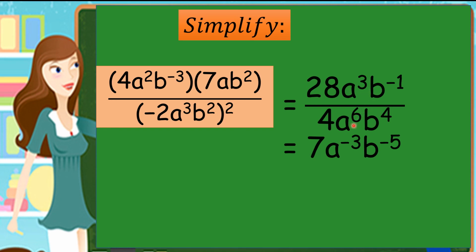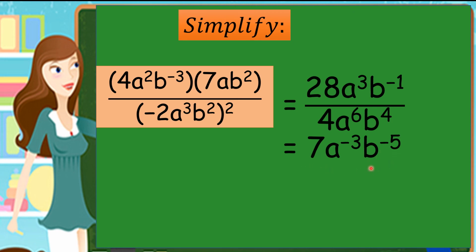So, 3 minus 6, the answer is negative 3. And sa b naman, since pareha silang b nasa numerator and denominator, copy b, then subtract negative 1 minus 4, the answer is negative 5. So, ang sagot nating nakuha ay 7a raised to negative 3, b raised to negative 5.